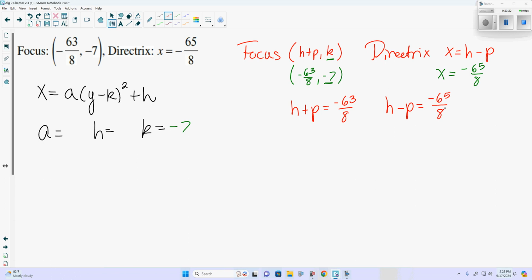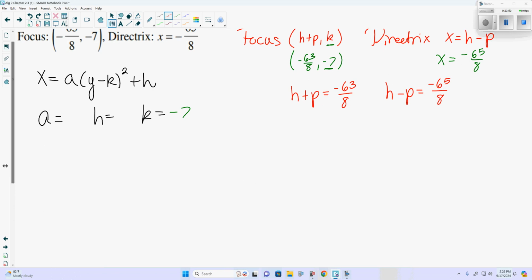Now, unlike the 3-variable equations that we did at the start of the year or a few weeks ago, we only have 2. Also, with this h plus p, h minus p, the only difference for the other one would be k plus p and k minus p. They're going to be a similar form.